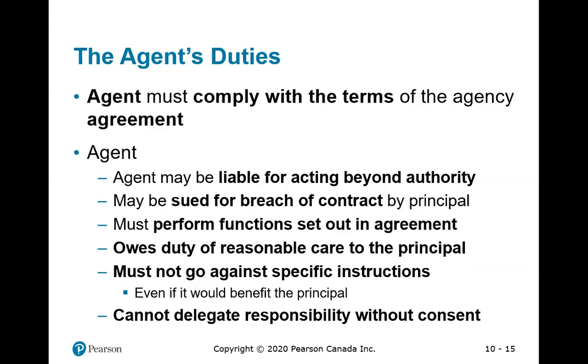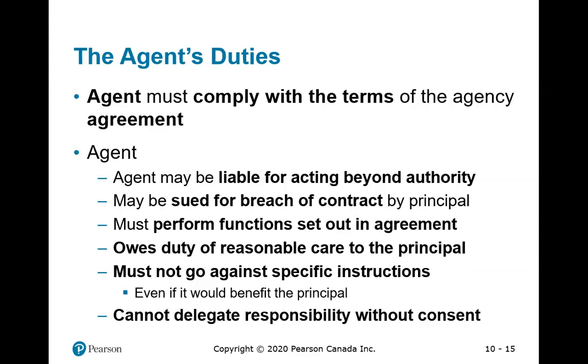Anyone who enters into an agreement has to comply with its terms. If they don't, they may be liable. So agents are liable personally if they act beyond authority. They may be sued for breach of contract. They must perform their functions as agreed in the contract. They owe a duty of reasonable care.